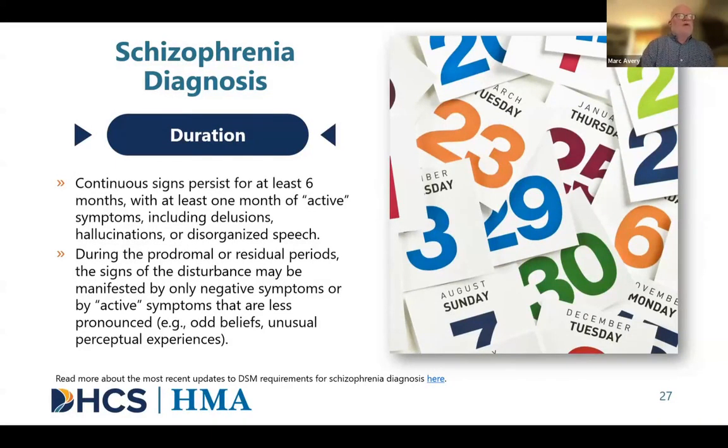During the prodromal or residual periods, the signs of the disturbance may be manifested by only negative symptoms or by active symptoms that are less pronounced. There are also some specifications about exclusions and distinctions, and we'll cover that next.